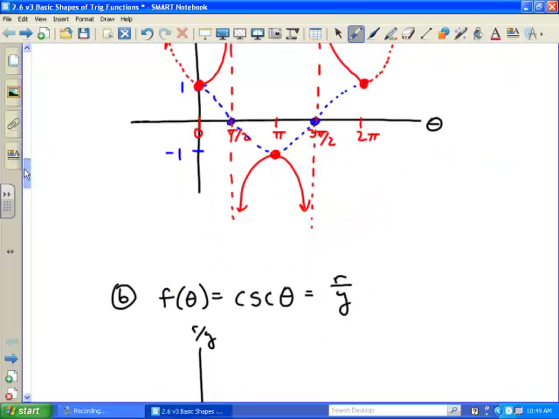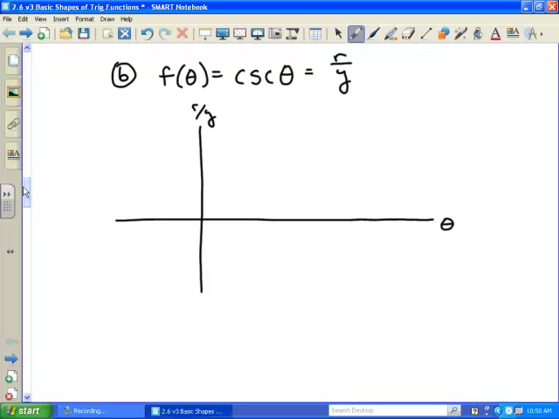Finally, for the graph of cosecant, this is very similar. As a guide, we're going to consider the reciprocal function, which is sine of theta equals y over r, and we will use some of the information that we know about that function to graph cosecant. Sine goes up to 1 and down to negative 1.